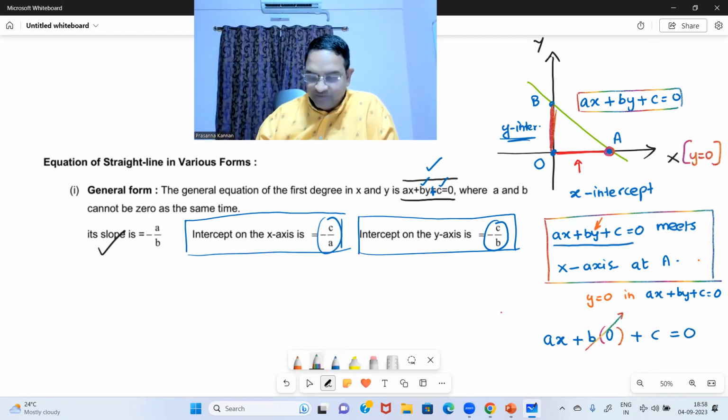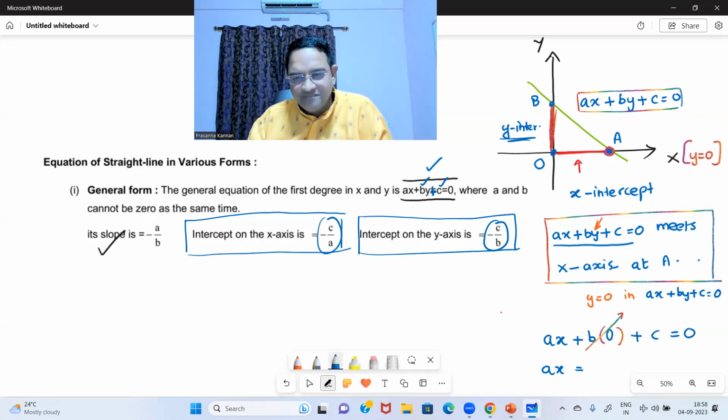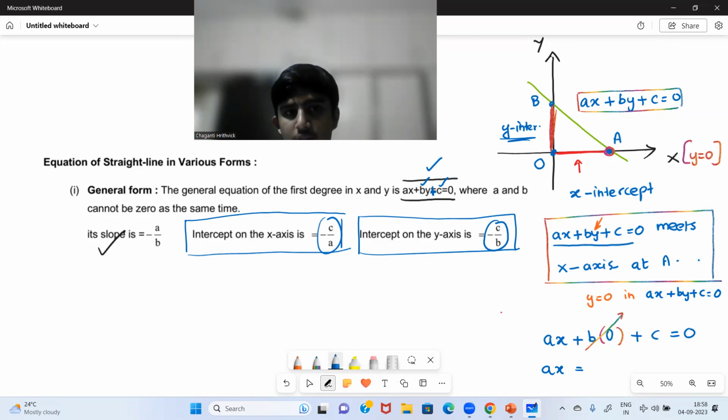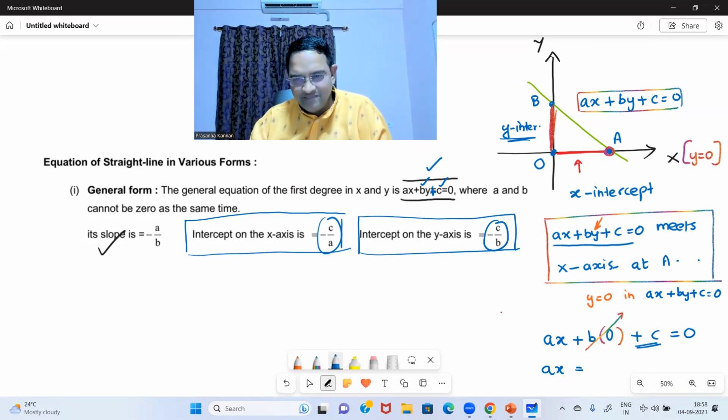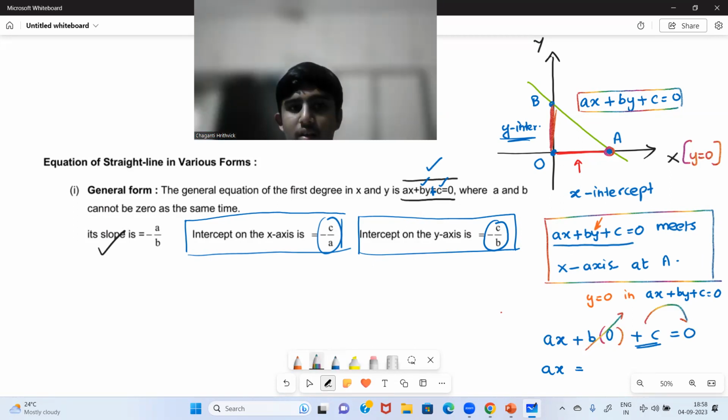So this term is gone, and ax plus c is 0. So what is ax equal to? Take c to the other side. Here it is plus, and when it goes to the other side, it becomes minus c.